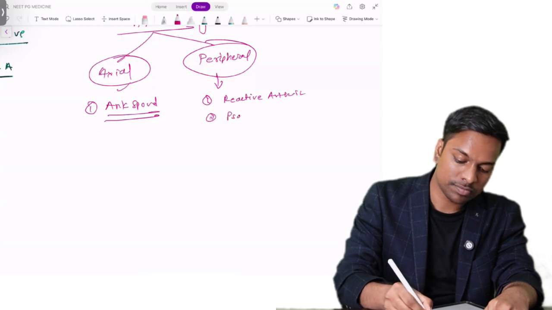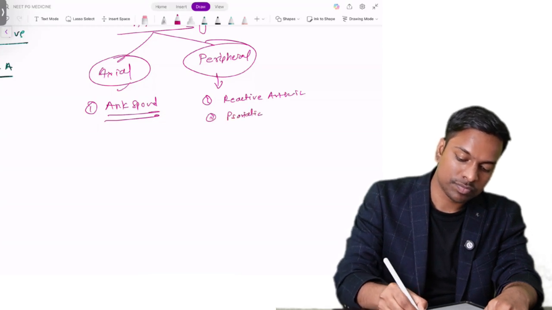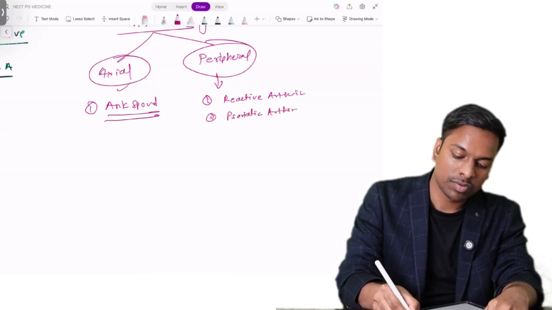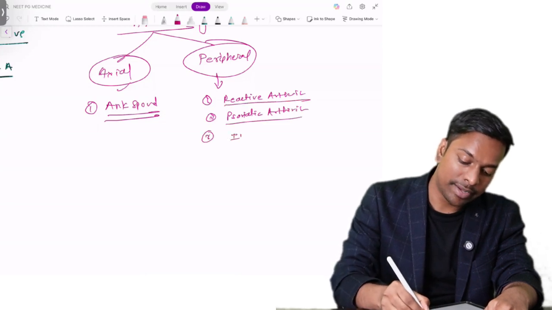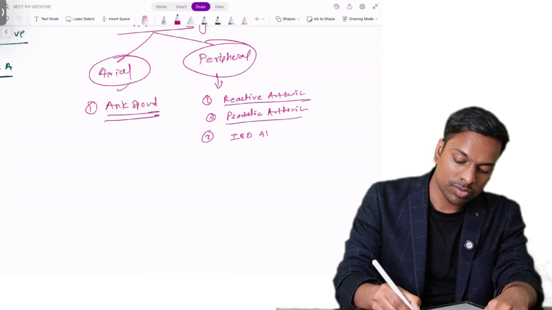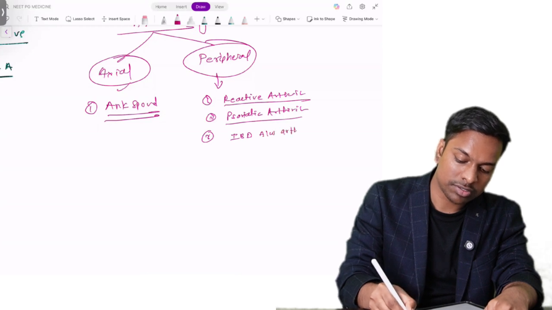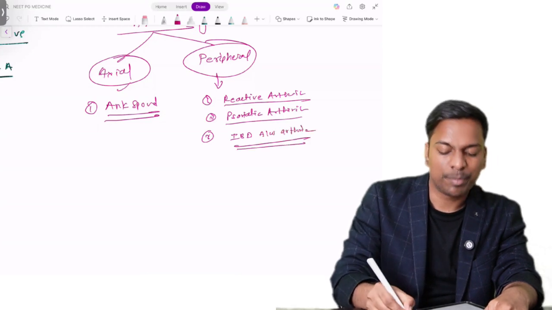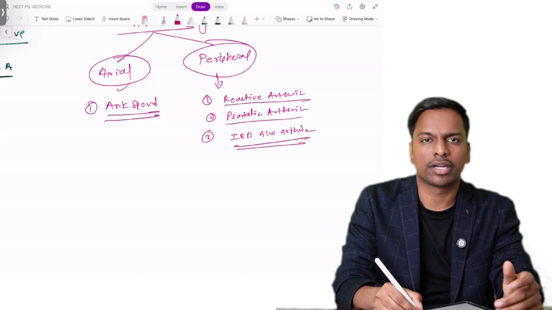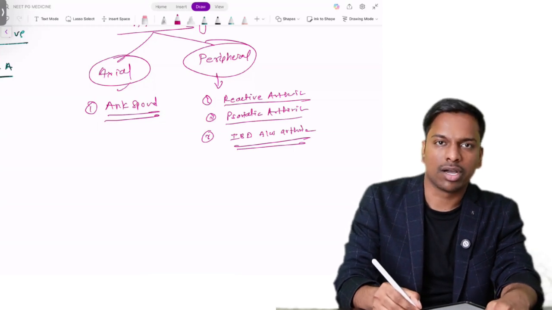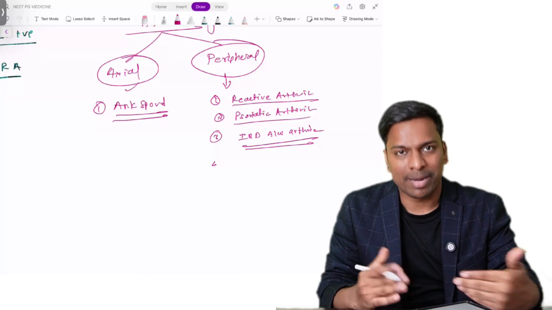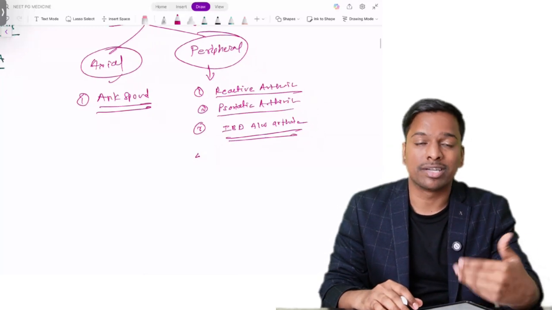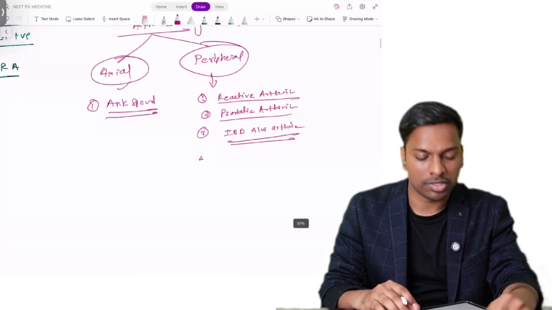psoriatic arthritis, right? Then we have IBD associated arthritis. IBD means inflammatory bowel disease like ulcerative colitis and all, very commonly associated with arthritis also. That can be called other manifestations, or extra intestinal manifestations of inflammatory bowel disease.